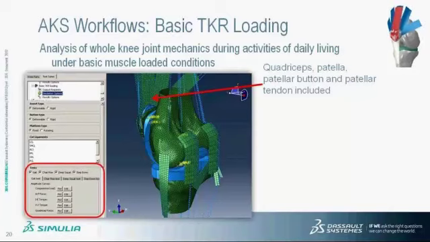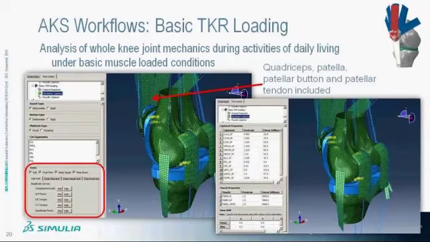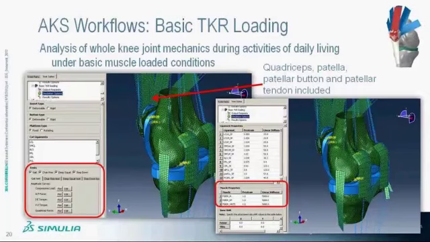A number of daily activities are provided as built-in loading conditions that include the gait loading condition, chair rise, deep squat, and step-down loading conditions. Provided with the muscle property is again the ability for the user to change the pre-strain and the linear stiffness of the muscle.